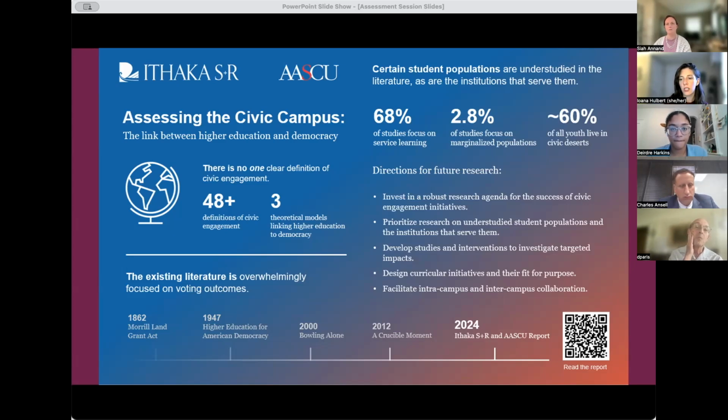But I think it really comes down to, in our report, we start by looking at the question of what is the link between higher education and civic engagement? There are really 3 main schools of thought that guide the research, guide the programming, and guide how people conceptualize this relationship. Two of those are directly causal schools of thought.